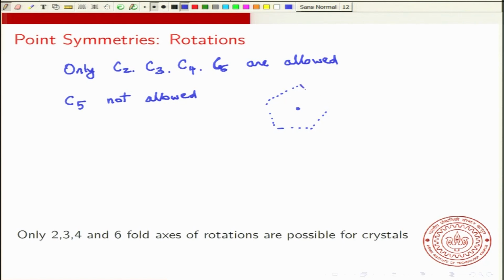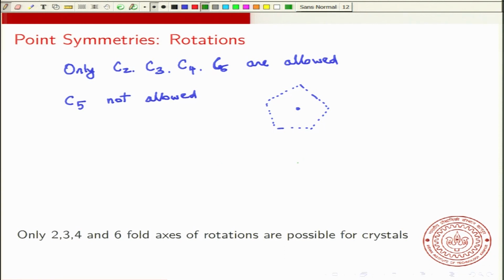If you have a 5-fold axis of rotation, there should be 5-fold symmetry around it, and so your unit cell will have something like a pentagon. But pentagons cannot fill space.